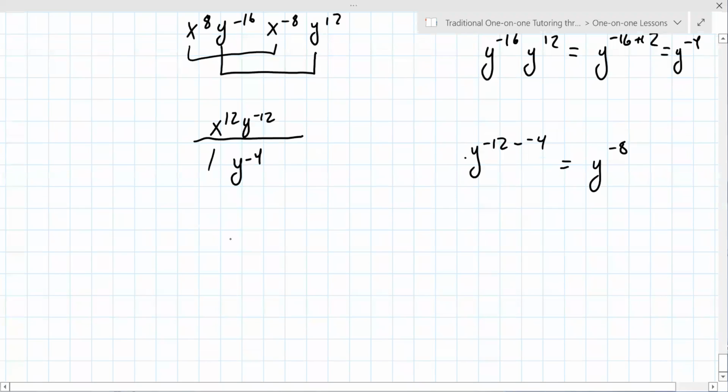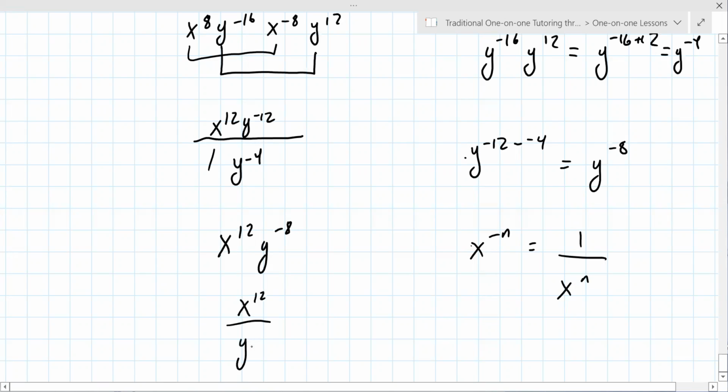That's when it goes in the numerator when you're dividing. Whatever it is when you're dividing, you go back and put it in the numerator and then deal with it later. Last step here, if you have a number to a negative exponent, it becomes 1 over that exponent to the positive power. So this becomes x to the 12th over y to the 8th.